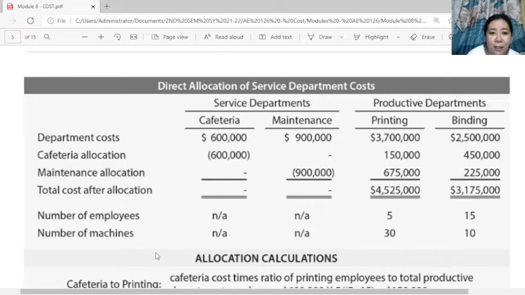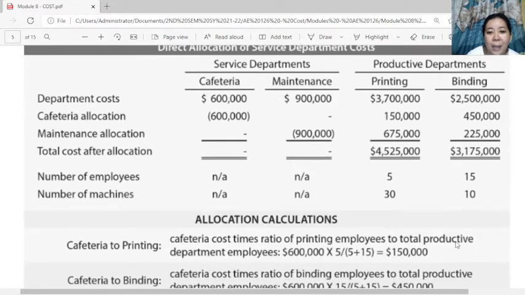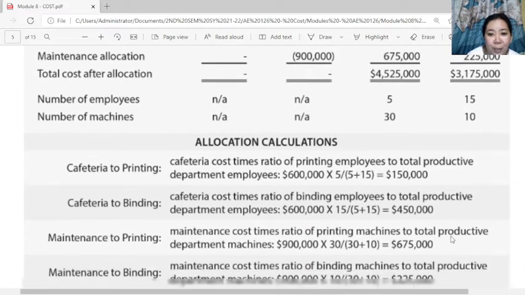And then for the maintenance department, we will use the number of machines. For printing, they have 30 machines, and in binding, they have 10 machines. So how do we allocate this service cost to the production departments? We have here the computation.